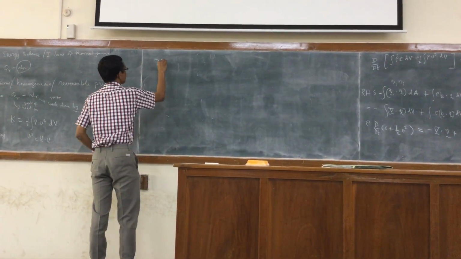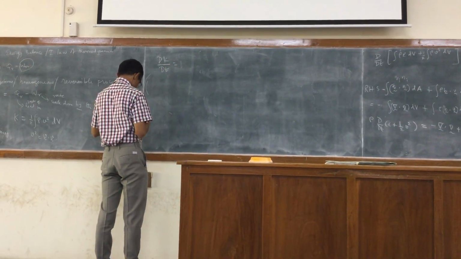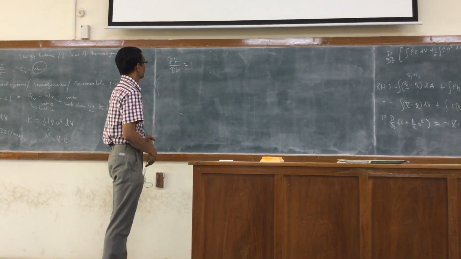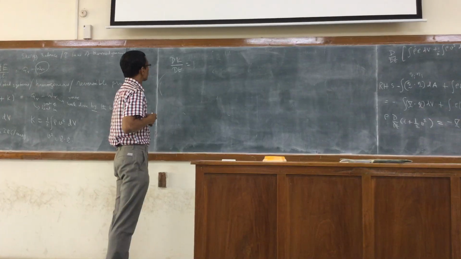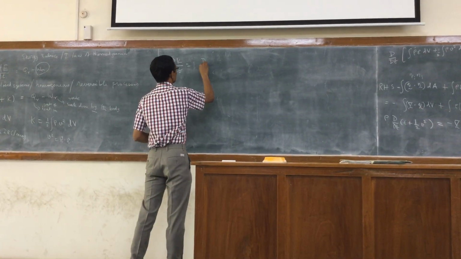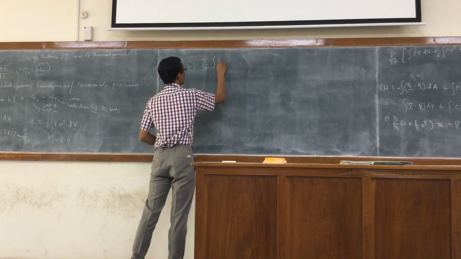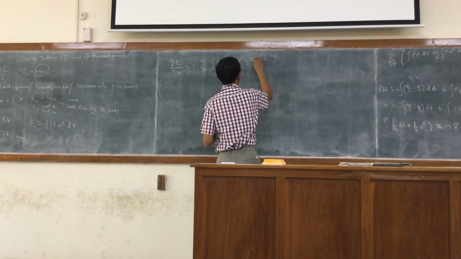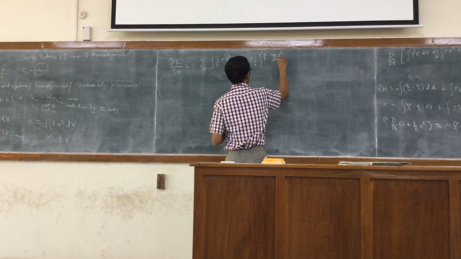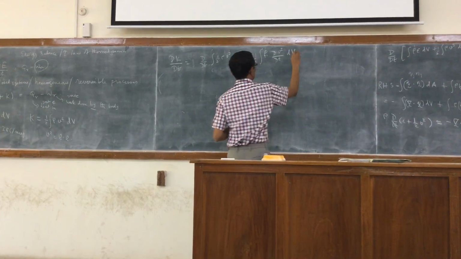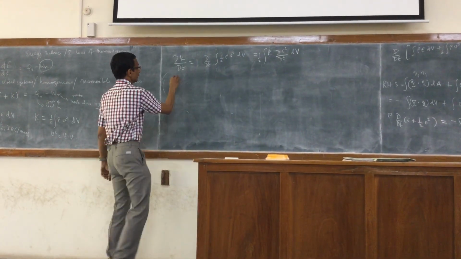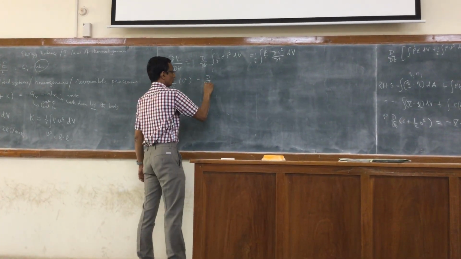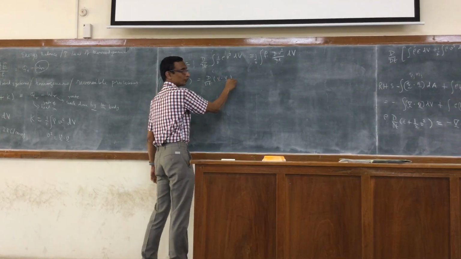So dK by dt, this is sometimes referred to as a mechanical energy balance. This is kinetic energy only. It is d by dt of the integral of half rho v squared dV. This can, of course, be written as the integral of half rho d by dt of v squared dV. So d by dt of v squared is d by dt of v dotted with itself.